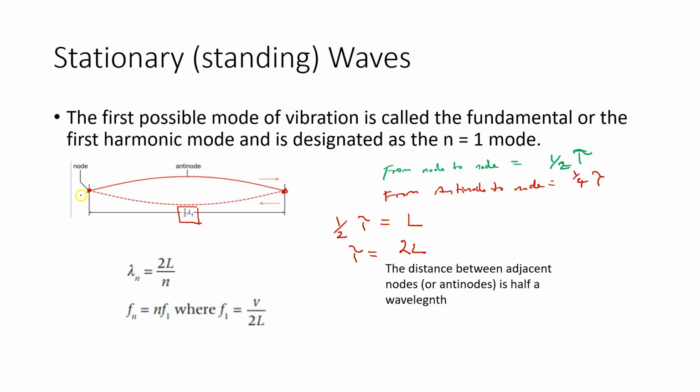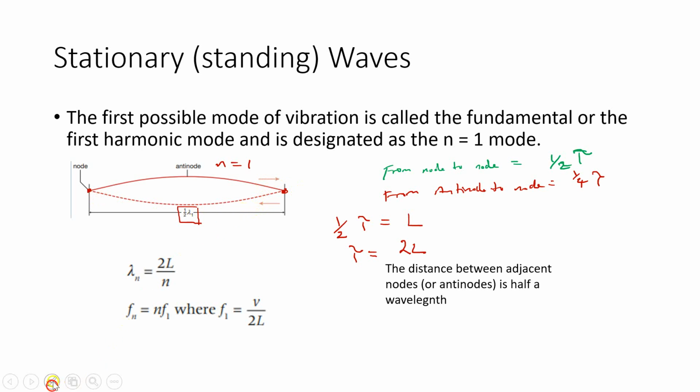Whenever we see one complete loop between closed ends, we say that this is the first harmonic. By saying that, it means that n is equal to 1, where n speaks to the number of antinodes. So based on the number of antinodes that we can visibly count between the closed ends, that will tell us the number of harmonics.